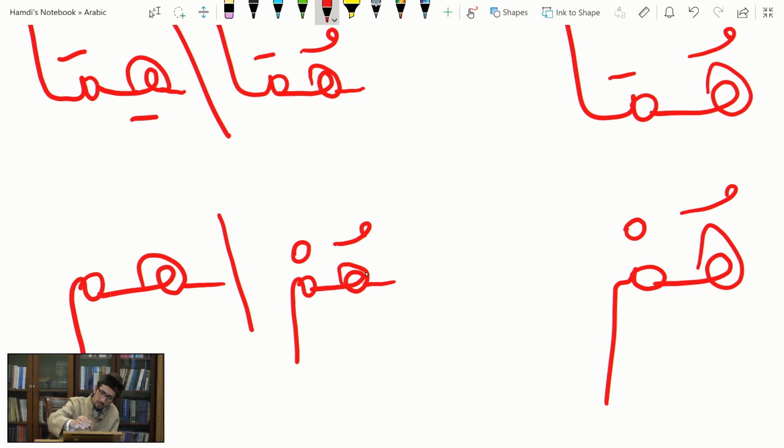We'll see when it is hum, when it is him, but it is the same thing. It just depends on the position or the function in the sentence, and what comes before it. But it is the same thing, huma or hima, hum and him.